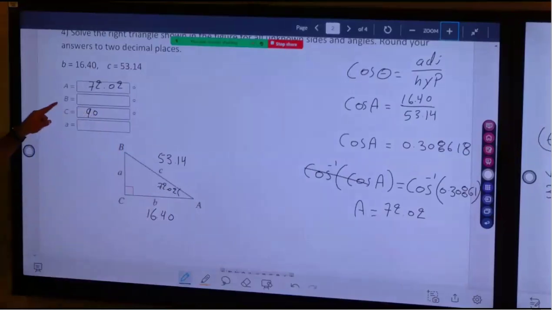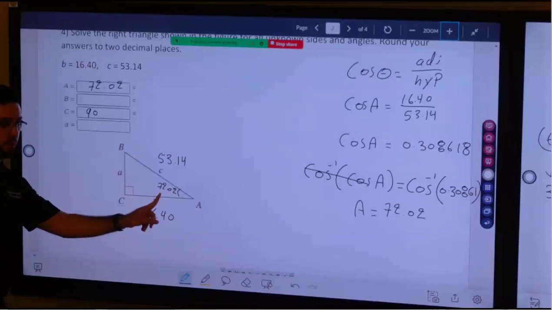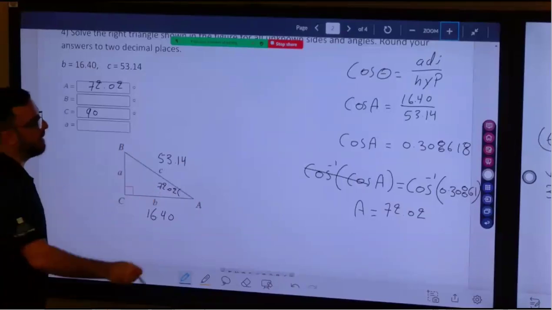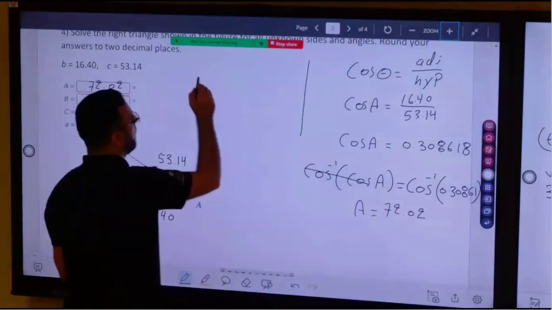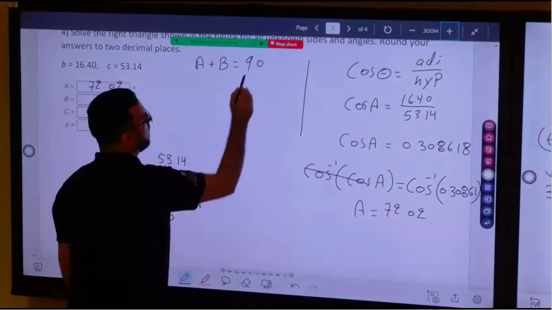Now I have this angle. What if I need to find the angle B? Use A plus B equals 90. Because we have this angle, and now we have 72.02, I can find B. To find the angle B, A plus B equals 90.